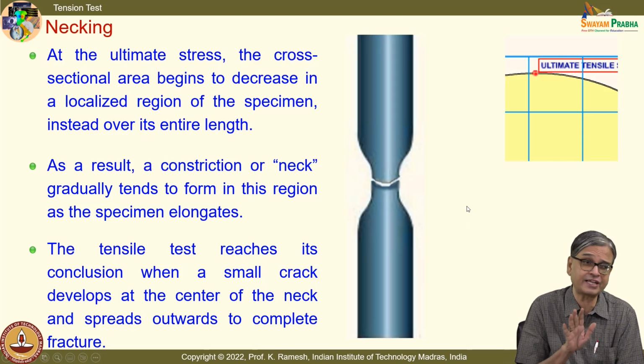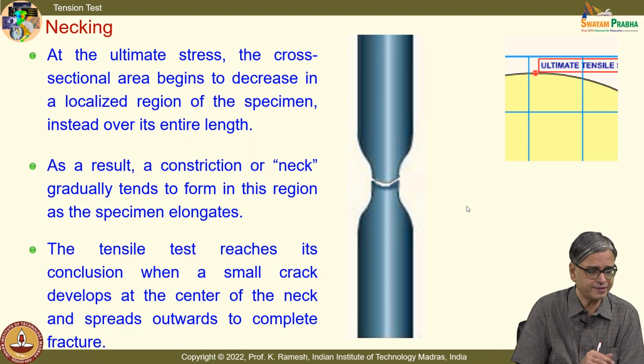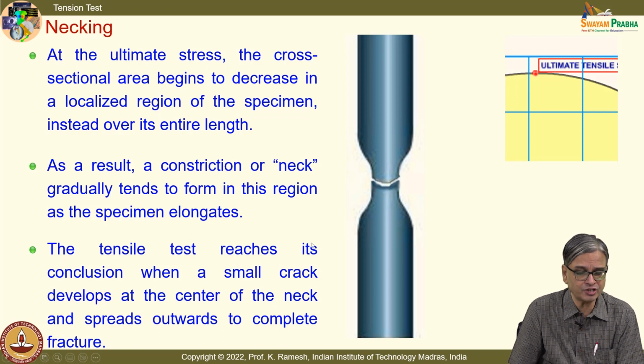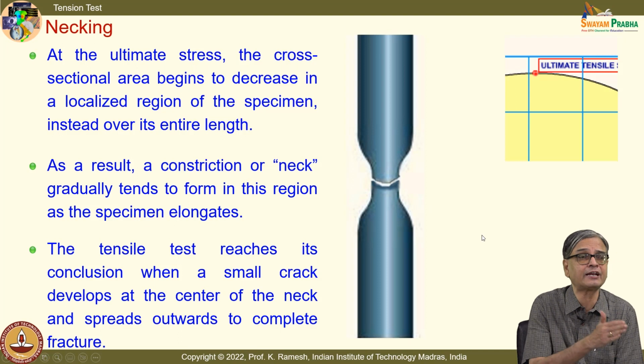Analysis of necking is very, very difficult from a mathematical perspective. Fine. So, when you do the tension test, you go up to breaking of the specimen. So, you completely record the stress strain behavior up to that.